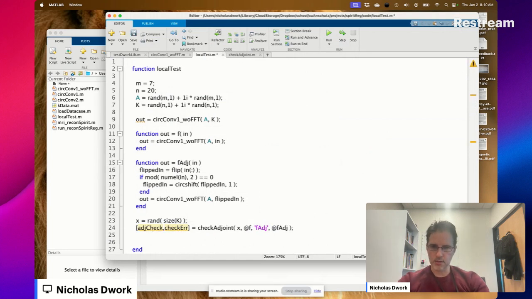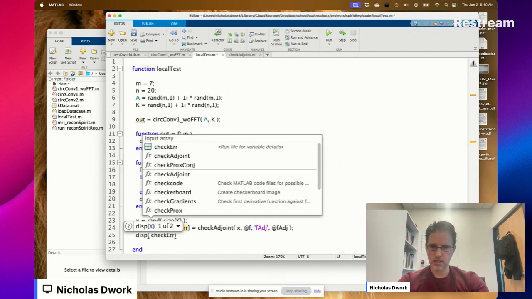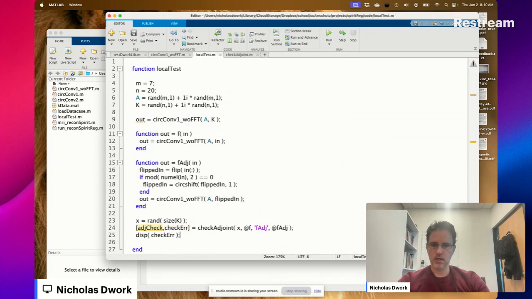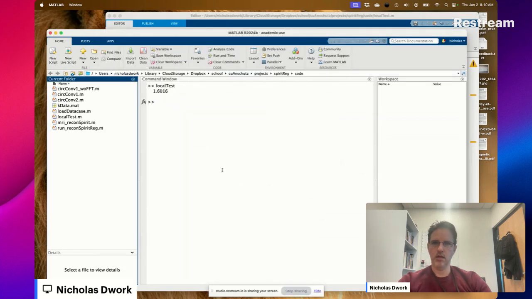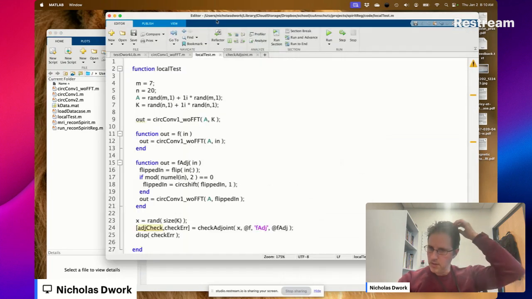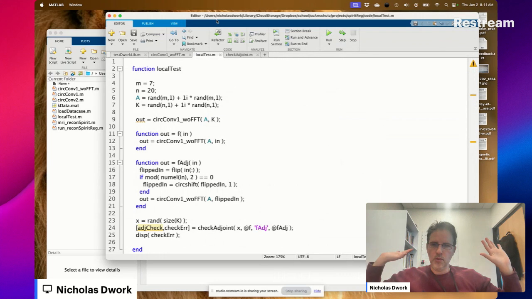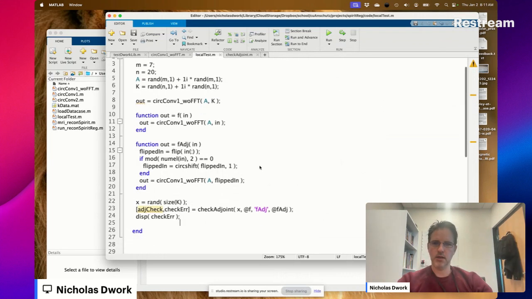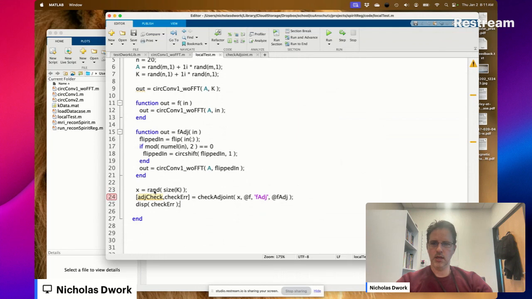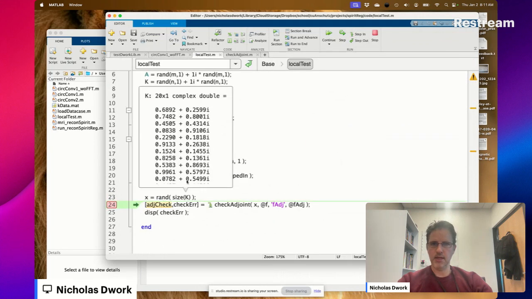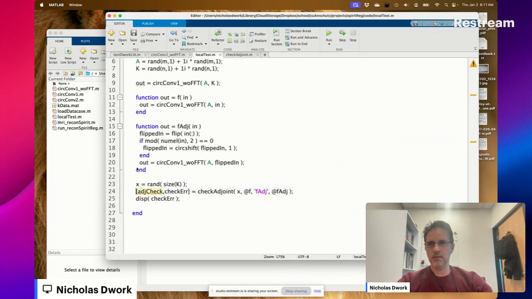What do you guys think? Think it'll work? Totally wrong. Okay. Now we've got some simple stuff to work with. What's the size of K? 20. We're going to make these things smaller.